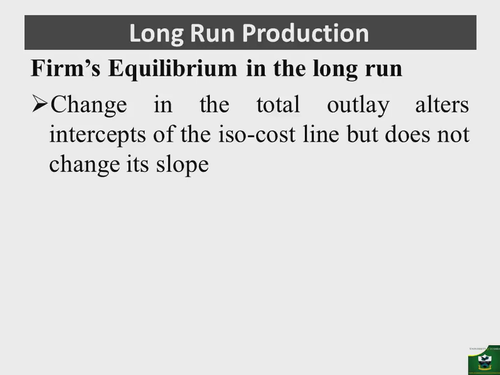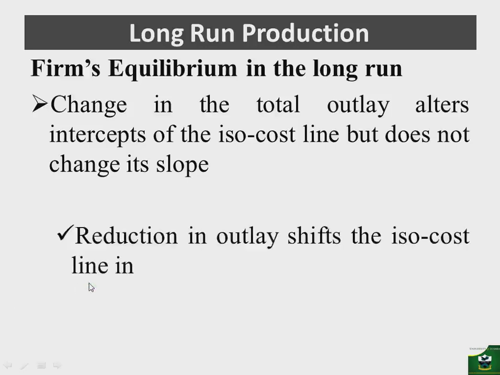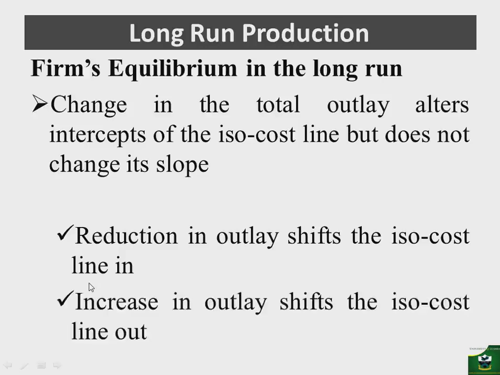If we change the total outlay, which is the expenditure planned by the firm, we'll end up changing the whole intercept, but the slope will not change, because this will be a shift in the isocost line. So a reduction in the outlay will shift the isocost line inwards, and an increase in the outlay shifts the isocost line outward.